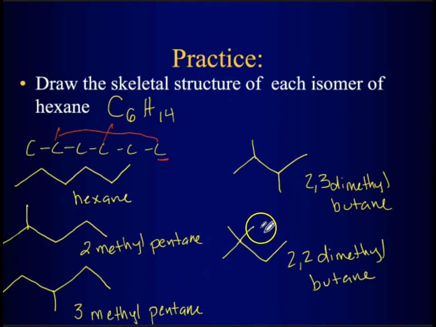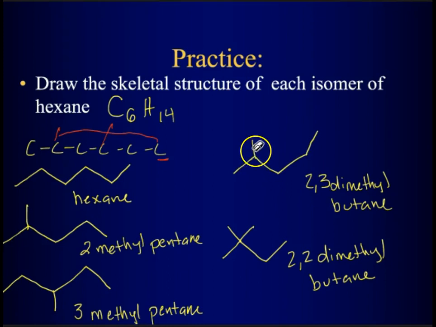Now if you notice, I keep saying we have to add them to the middle of our chain. If we add any carbons to the end of our chain, that just increases the parent chain, and we go back to one of these compounds here. So if I were to take away this one and move it here, I'm just adding another carbon to my chain. So I took off the carbon here and added it to the end, but check it out. Now it's a 1, 2, 3, 4, 5.